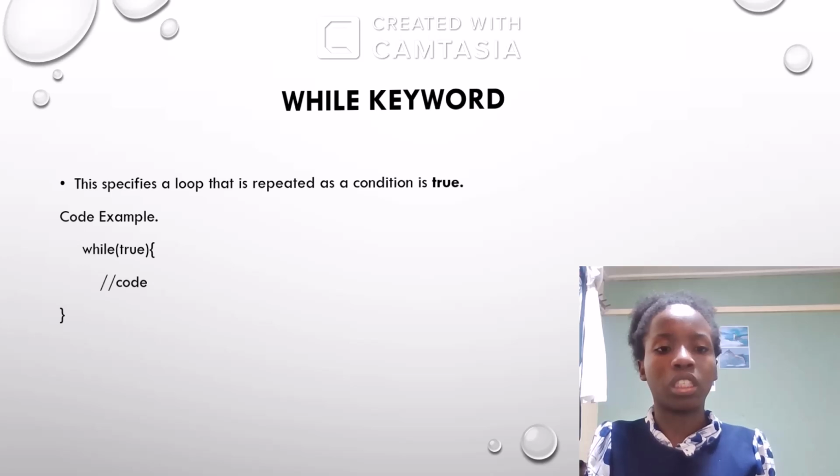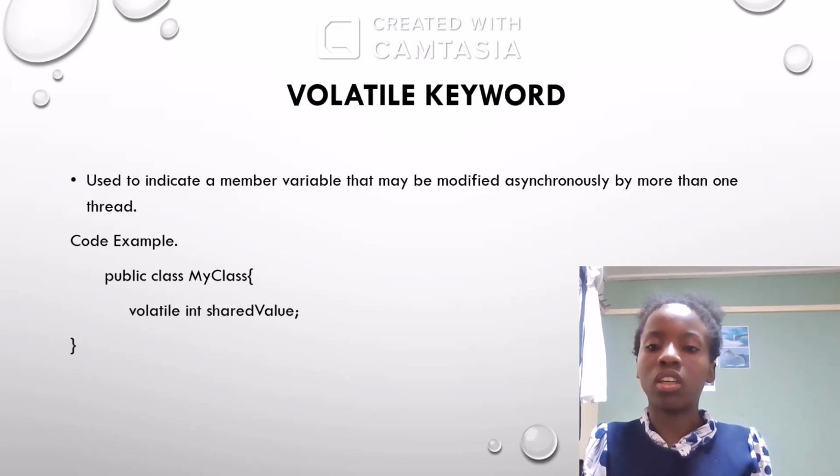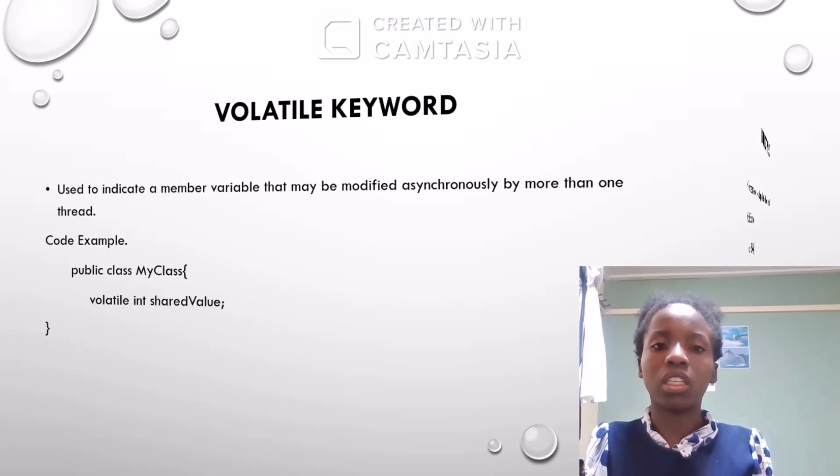It is used to indicate a member variable that may be modified asynchronously by more than one thread. Then true keyword represents one of the two legal values for a Boolean variable.